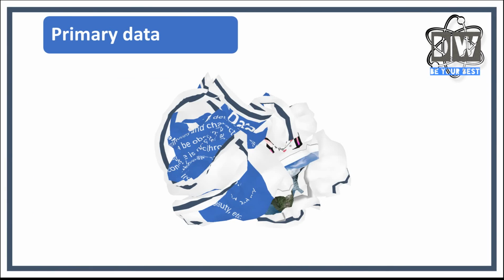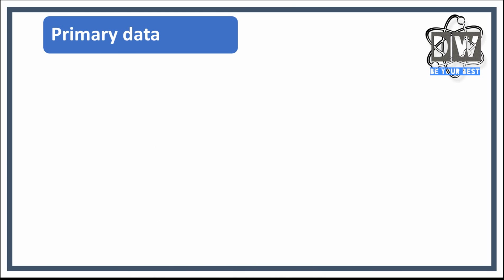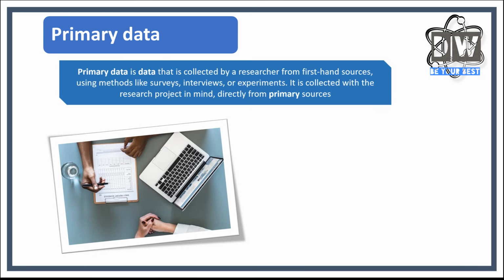And the last main one we're going to think about and use a lot is primary data. Primary data is the collection of data by researchers from first-hand sources, using methods like surveys, interviews, or experiments. It is collected with the research project in mind directly from primary sources, so right from the source, someone that is impacted by it.